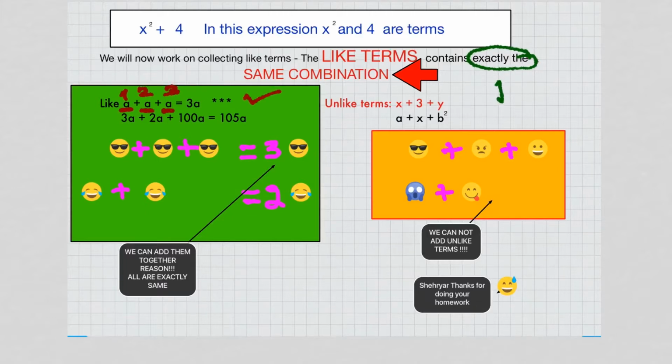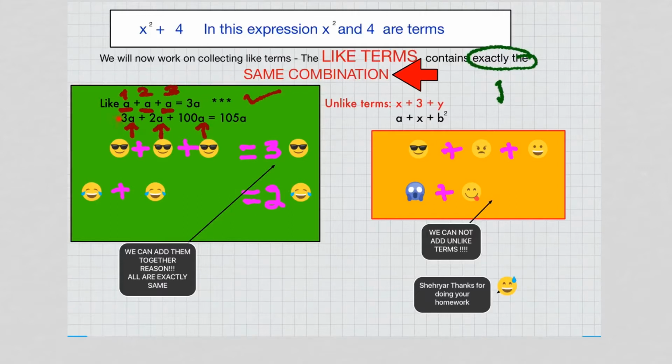Let's have a look at the second one. So the term in this one is a, and in the third one is also a. We can add all of them together, because all of these terms are exactly the same, like I mentioned here, that they have the same combination.